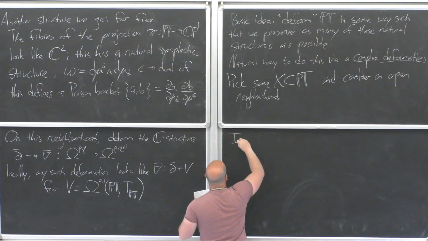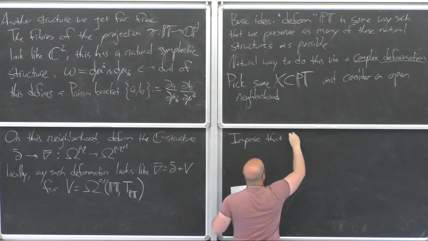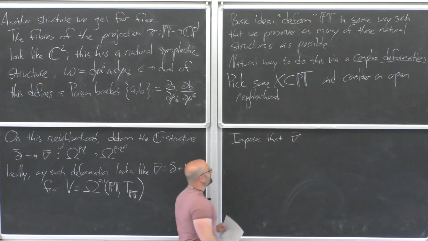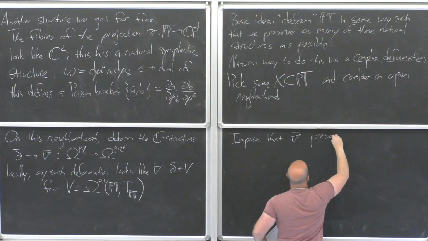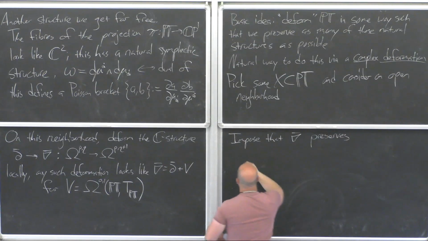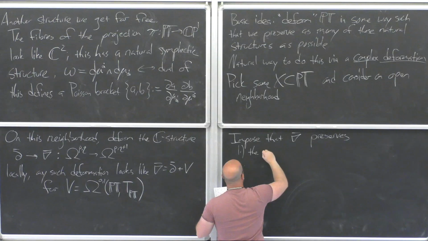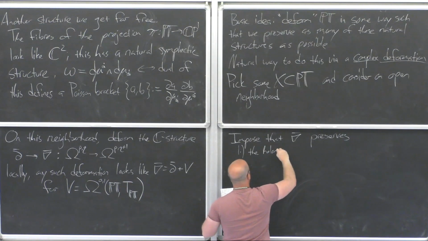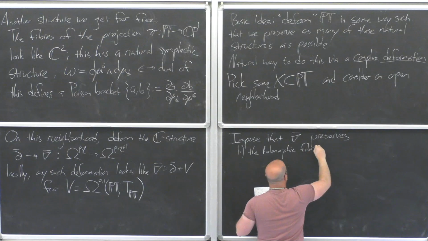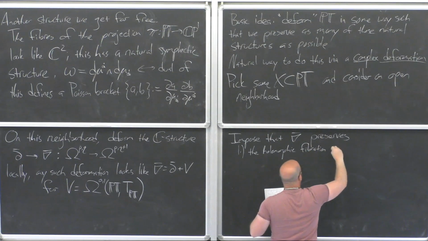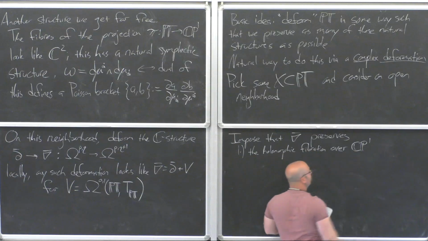We're going to impose that our new complex structure preserves the holomorphic fibration over CP1.